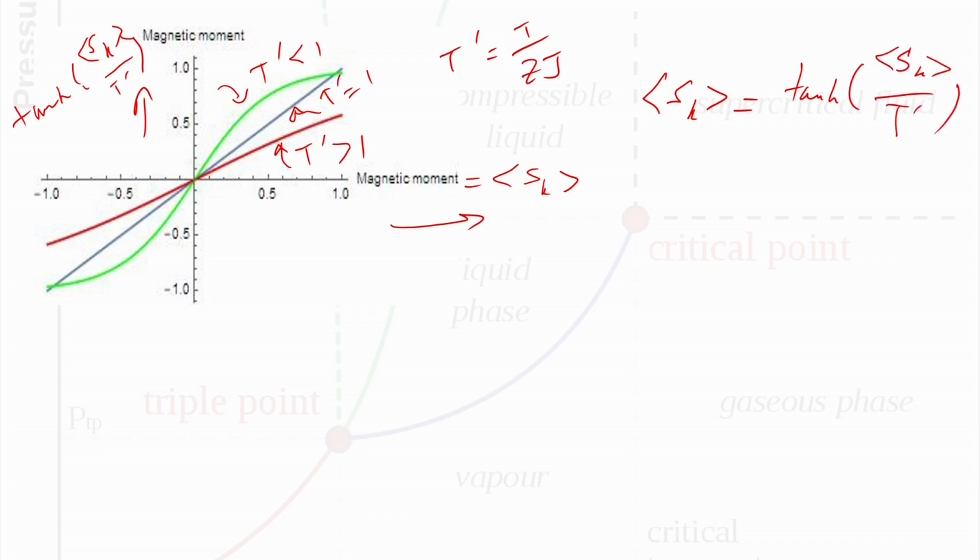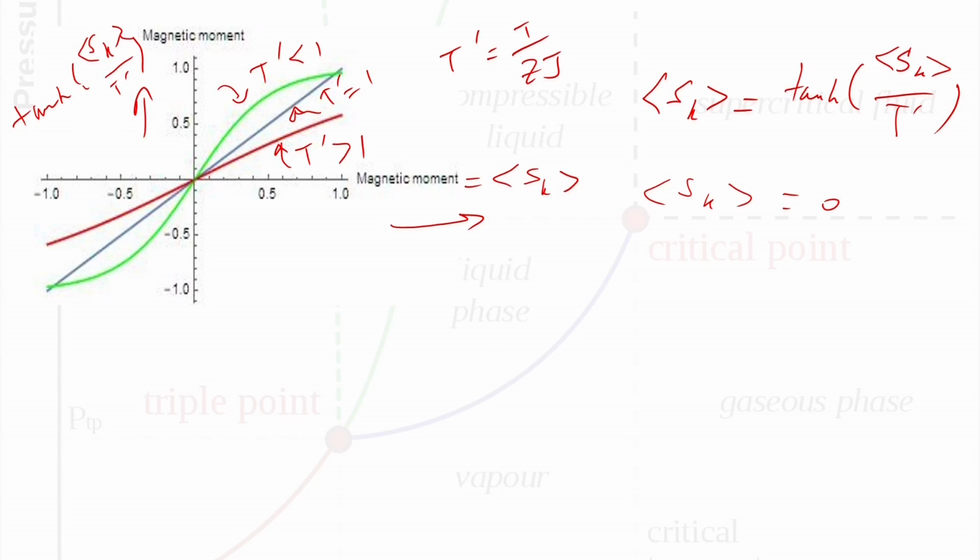Well, clearly one obvious solution is there is always a solution. That means all these curves pass through the origin. But that is not interesting. What is interesting is the question: is there a spontaneous magnetization that is possible? The answer to that is very clear from this plot.